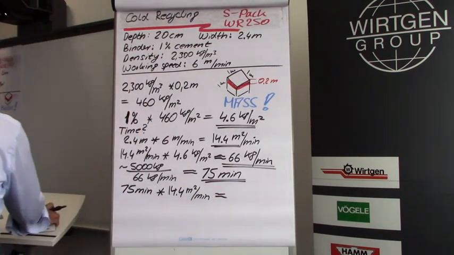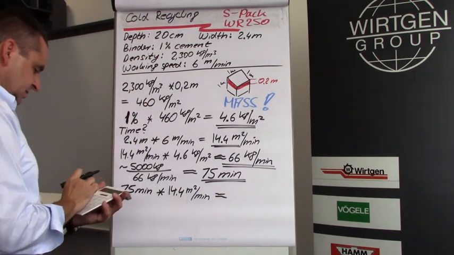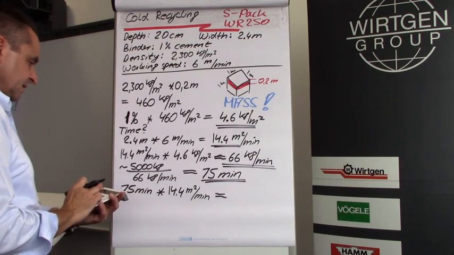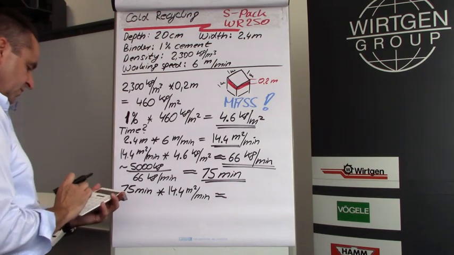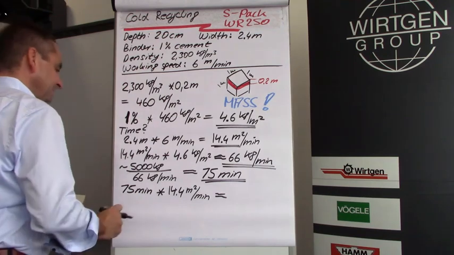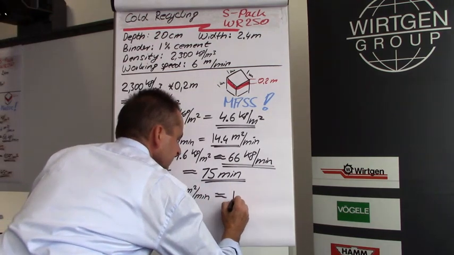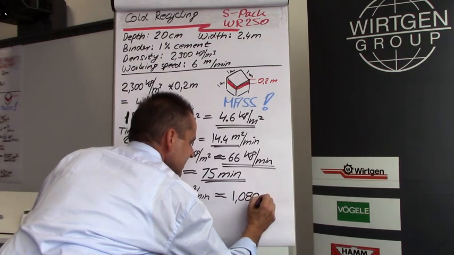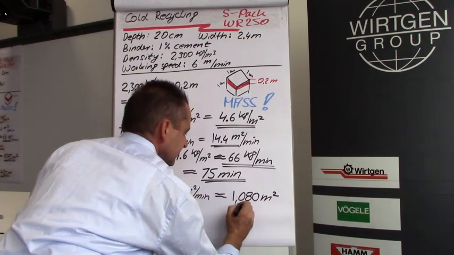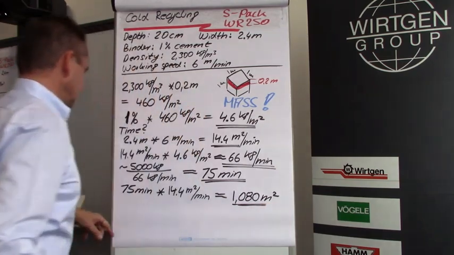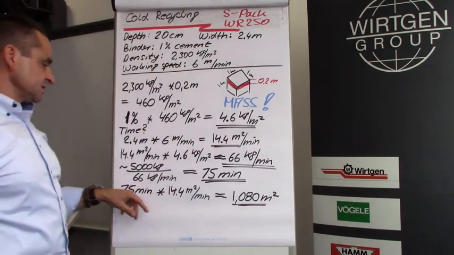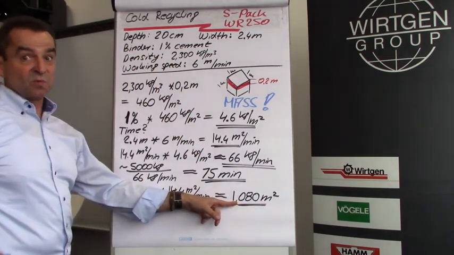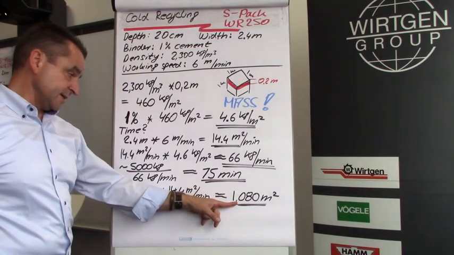This equals, quickly, 75 times 14.4. Yeah, this is 1,080 square meter. So after 75 minutes, we made approximately more than 1,000 square meters already.